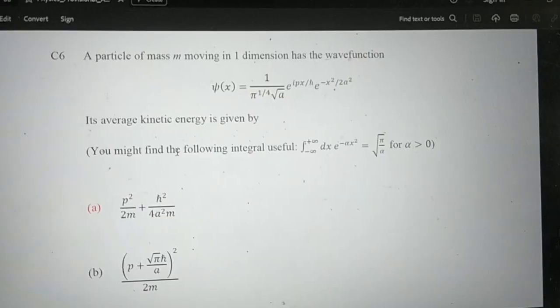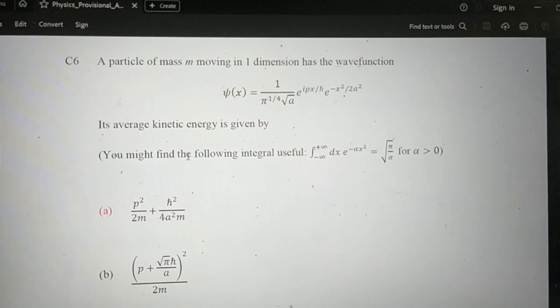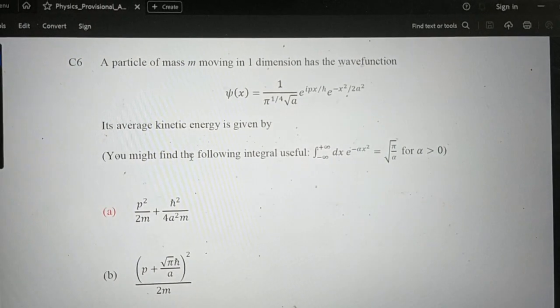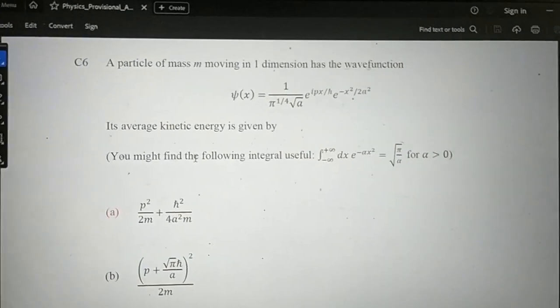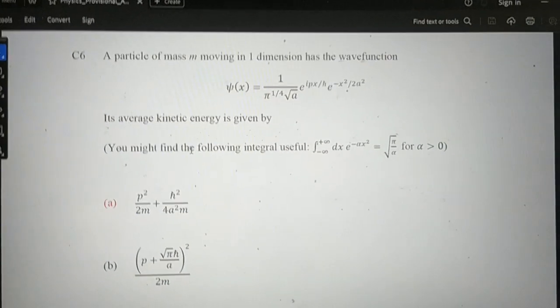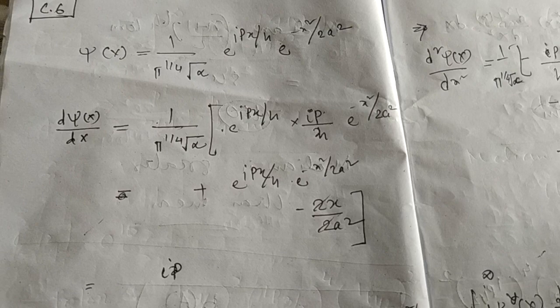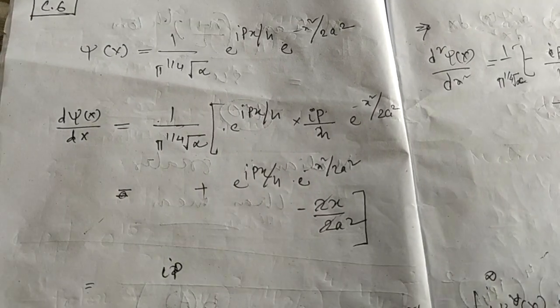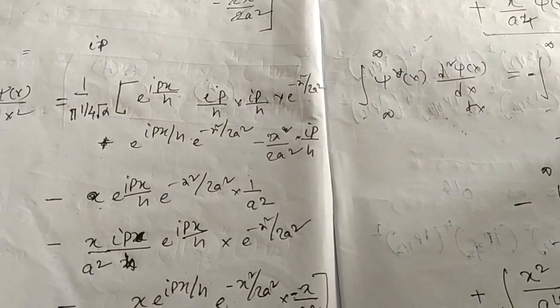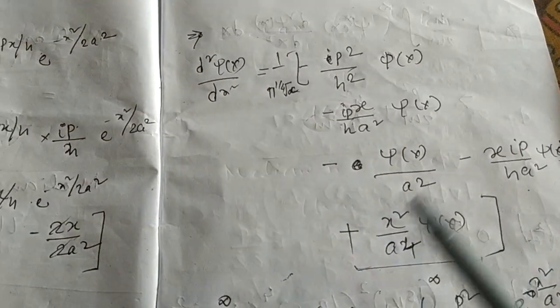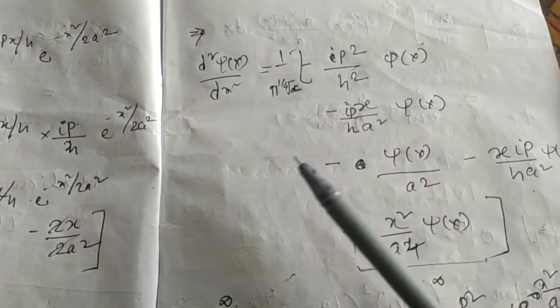You are given a wave function, you just need to calculate the average kinetic energy of the system. Of course, this problem needs a rigorous calculation. First patiently derive the first derivative and then the second derivative, and then just write it down in terms of the wave function, that is psi x.